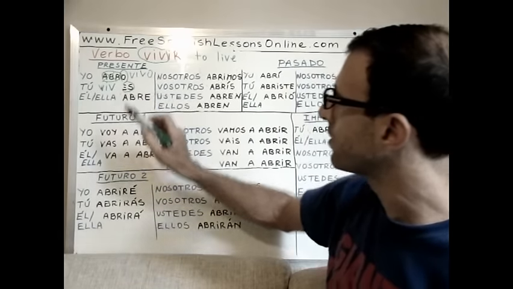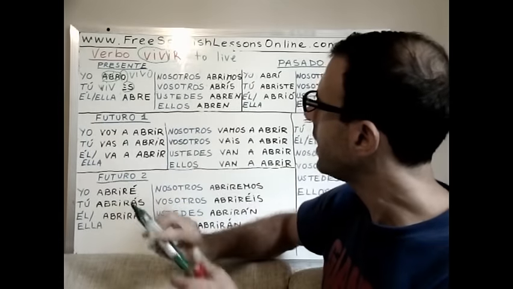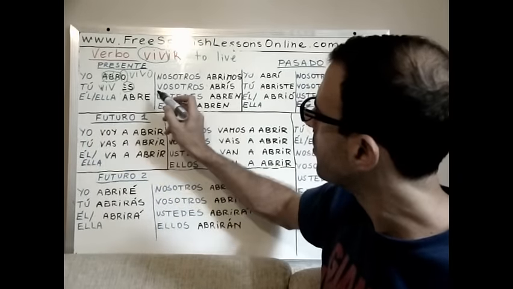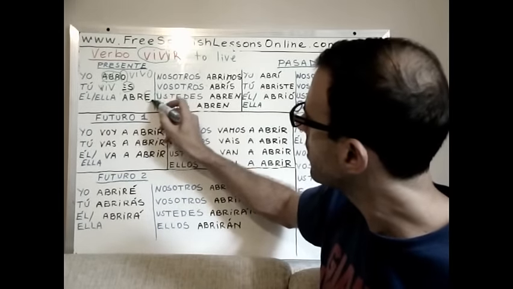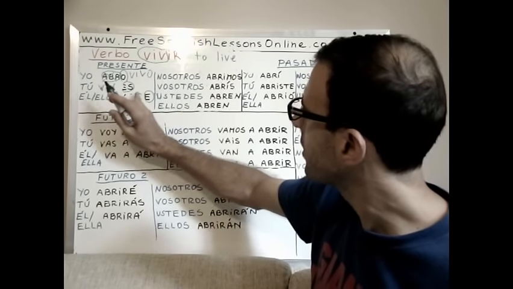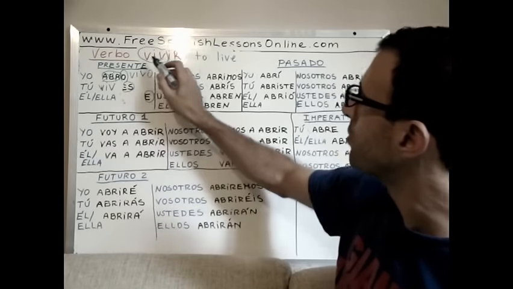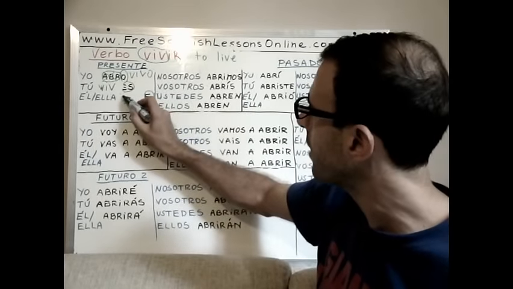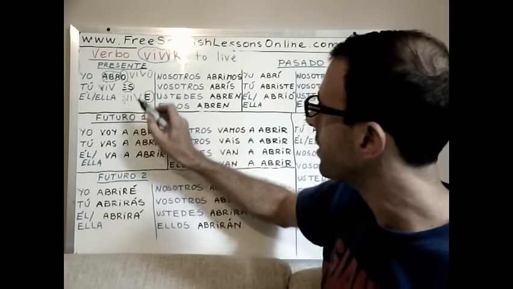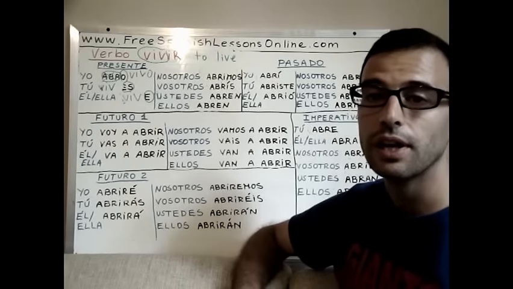Tú vives. You live. Él, ella. So this is the ending, right? Let's replace the root of the verb abrir for the root of the verb vivir that we want to conjugate now. Vive. Él, ella vive, or he, she lives.